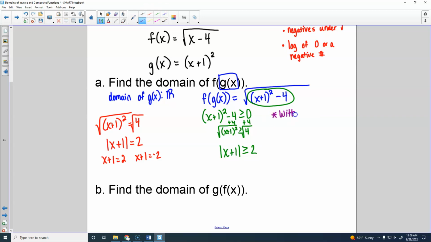With inequalities, and everybody understands when I'm saying inequalities, I mean there's a greater than, less than, greater than or equal to, less than or equal to sign. If you square root both sides, put absolute value bars around the variable expression.